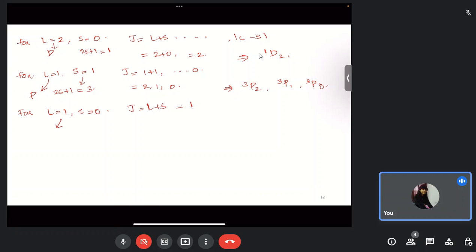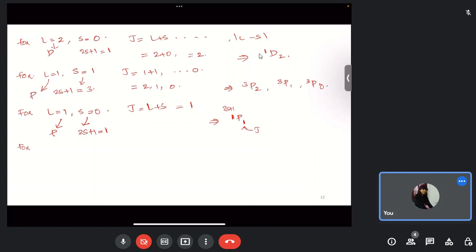L is equal to 1 corresponds to P term, and S is equal to 0 will give rise to a multiplicity of 1, and the corresponding term symbol is going to be 1P1. This 1 is coming from 2S plus 1, the multiplicity, and this subscript 1 is coming from the total angular momentum J.